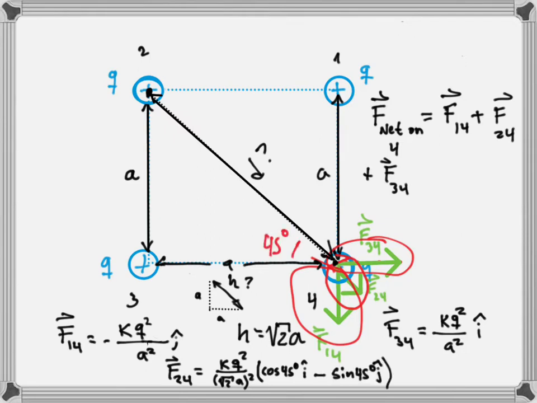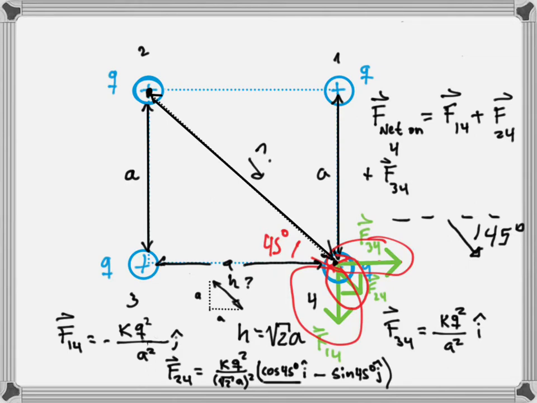The y component vector, notice that the angle is 45 there. The y component vector is going to be kq squared divided by square root of 2a, all that squared, but we need to multiply now by the factor minus sine of 45 degrees times j hat to get the direction correctly.